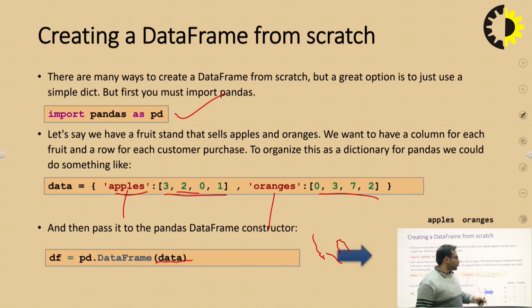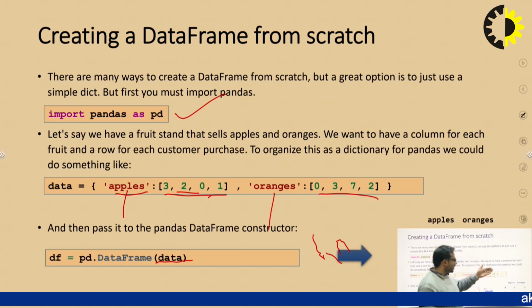The column names are apple and orange, the key values from the dictionary, and the values are 3, 2, 0, 1, copied from this, and 0, 3, 7, 2 are the oranges. Because I am not passing any row indexing, by default it takes 0, 1, 2, 3. So this is the simplest way you can create a data frame from a dictionary.